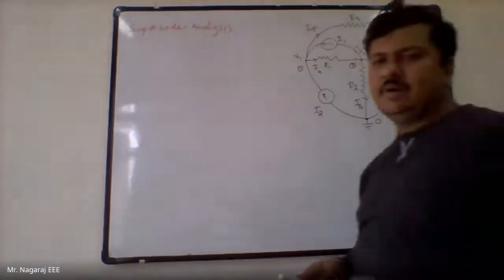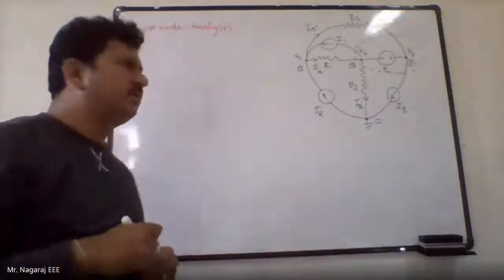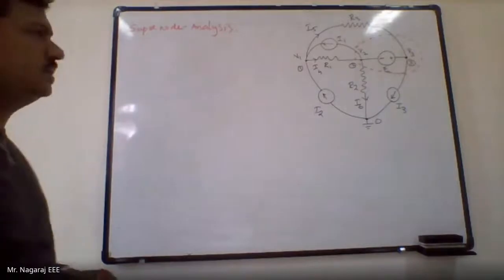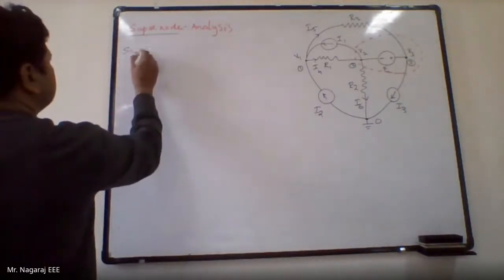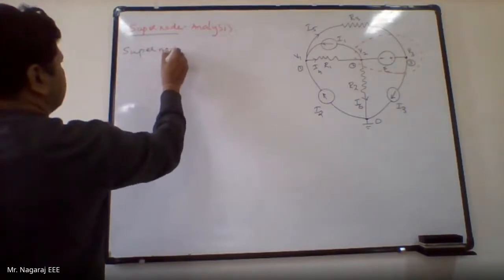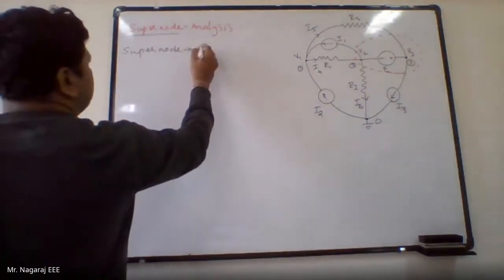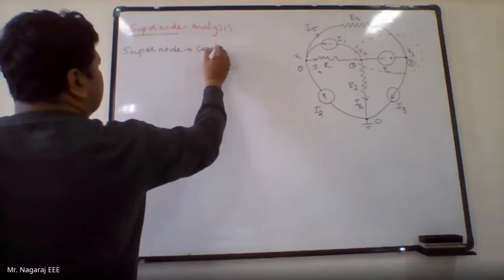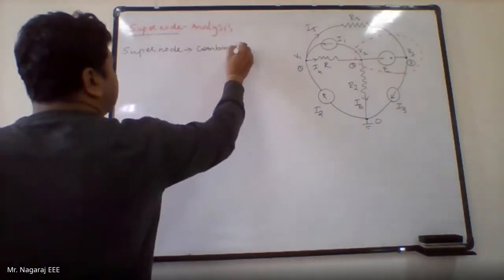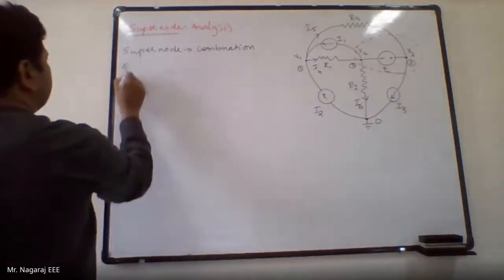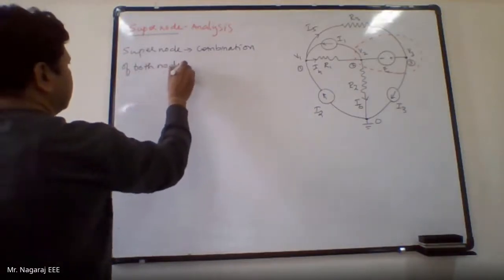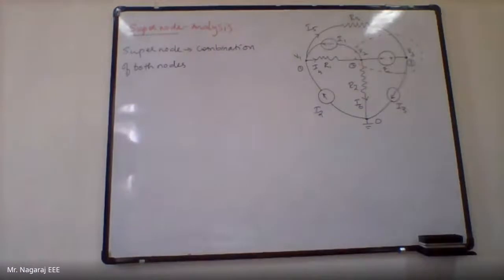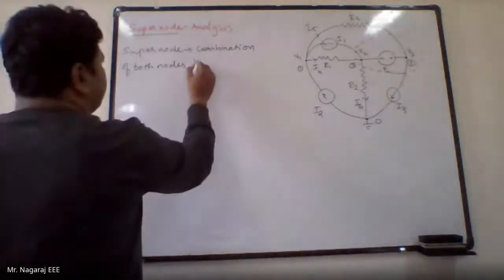Super node is nothing but combining both the nodes between which a voltage source is existing.